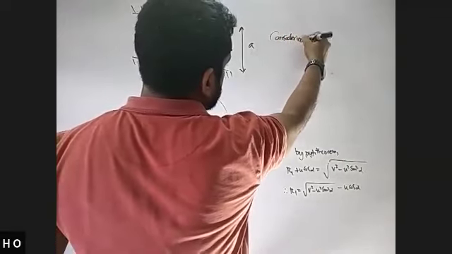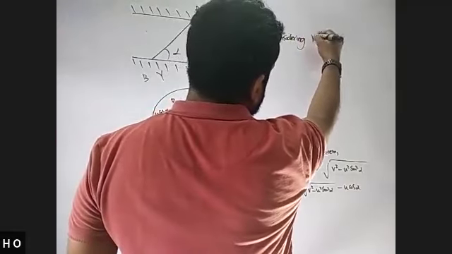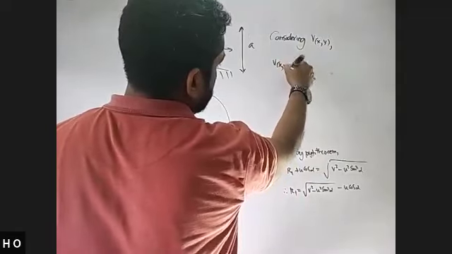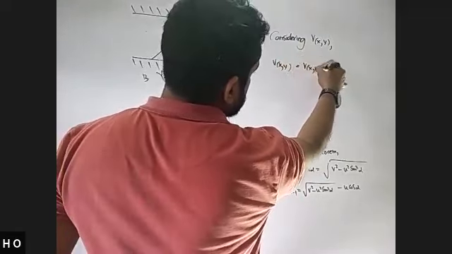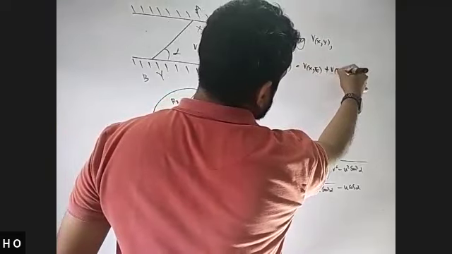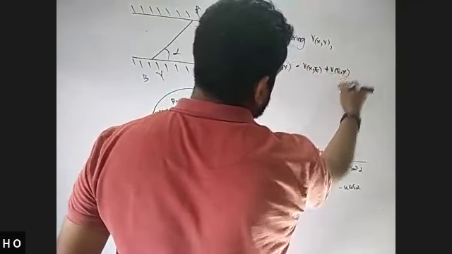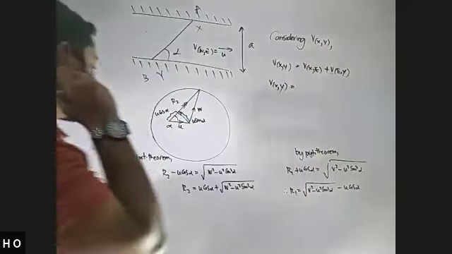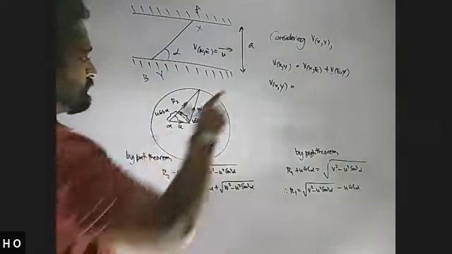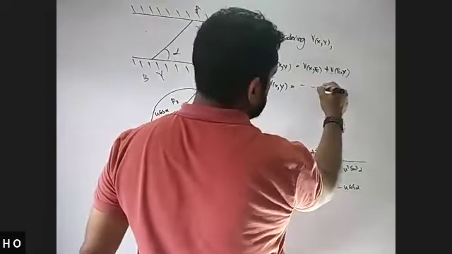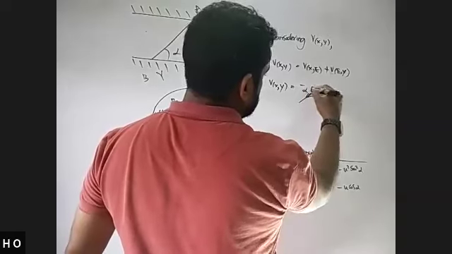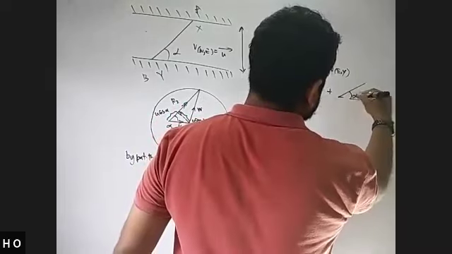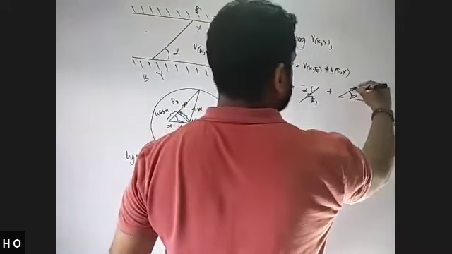Considering velocity of x to y, according to the relative velocity theorem it is x to e plus e to y. X to e is down, which is along alpha, R1, and this is up, along alpha, R2.